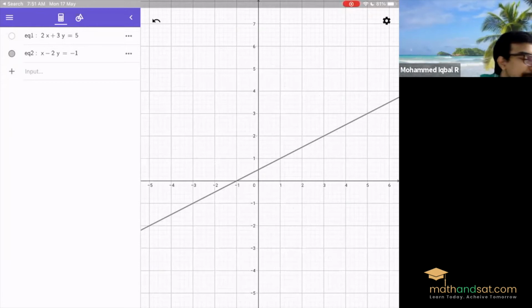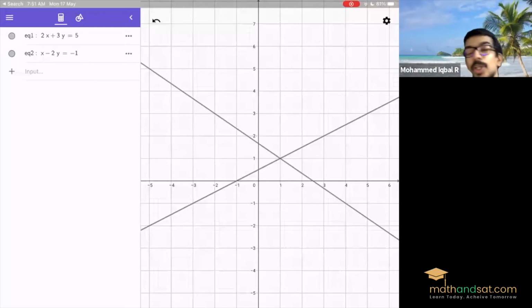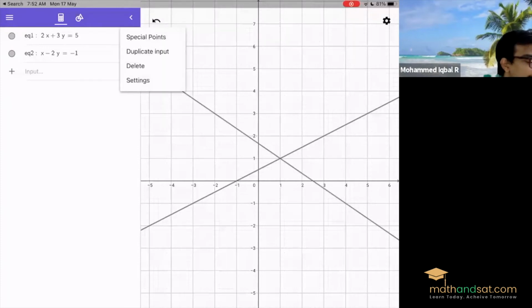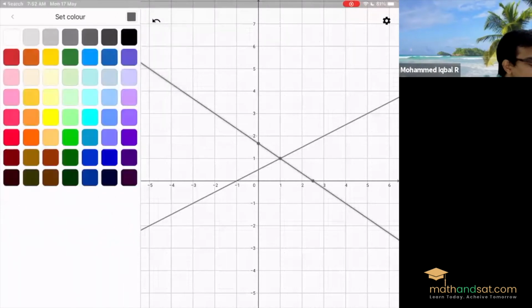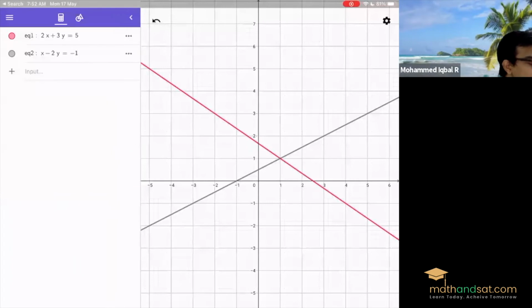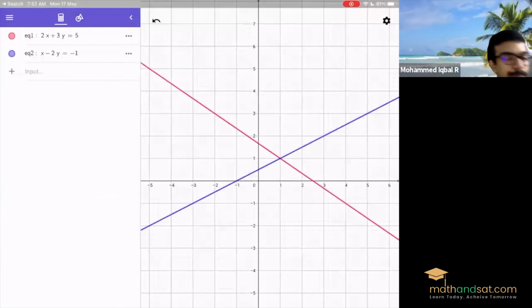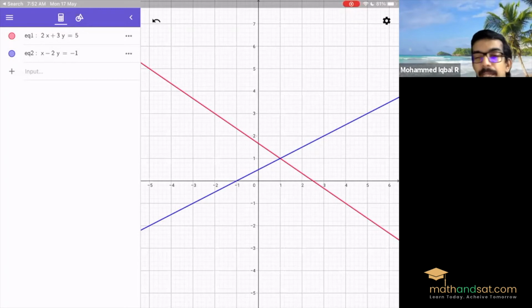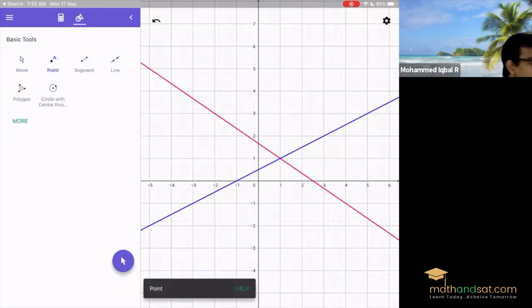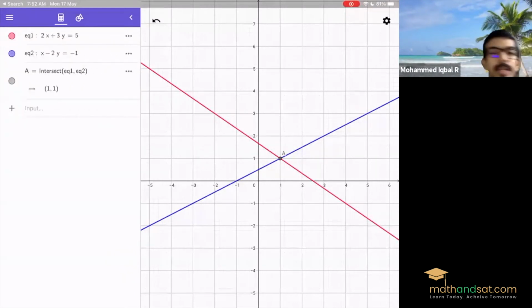Now, when you take the system, we are talking about the common solution, the intersection, right? This is our red line, and this is our blue line. The solution corresponds to the point where they intersect. Clear?